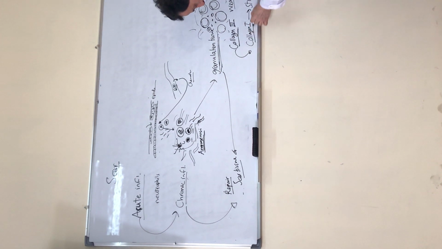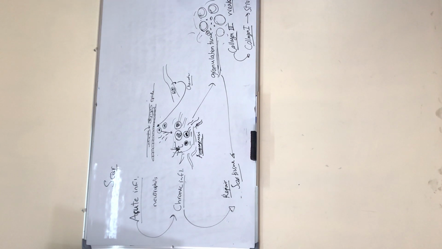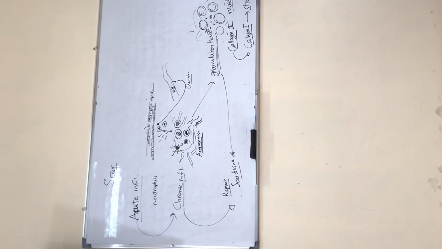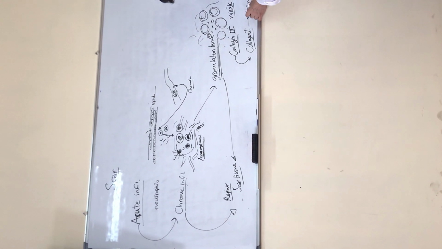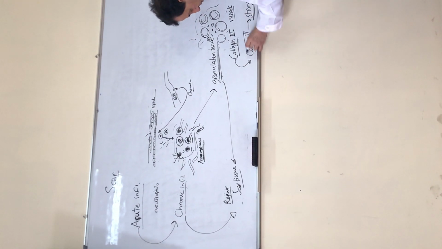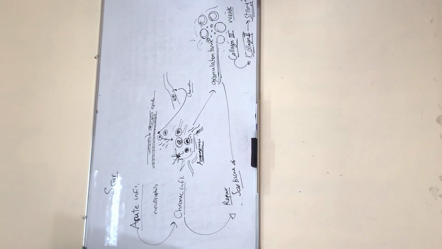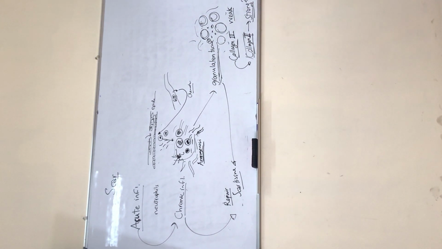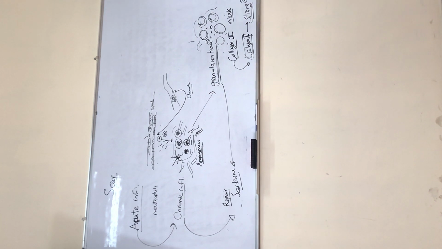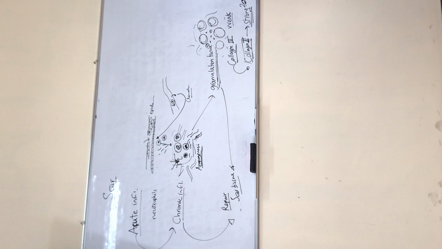And it needs 2 months for forming a strong scar tissue, in which most of the collagen is type 1. So, after 2 months, a strong scar tissue is formed. And that depends on the type of collagen that we have.